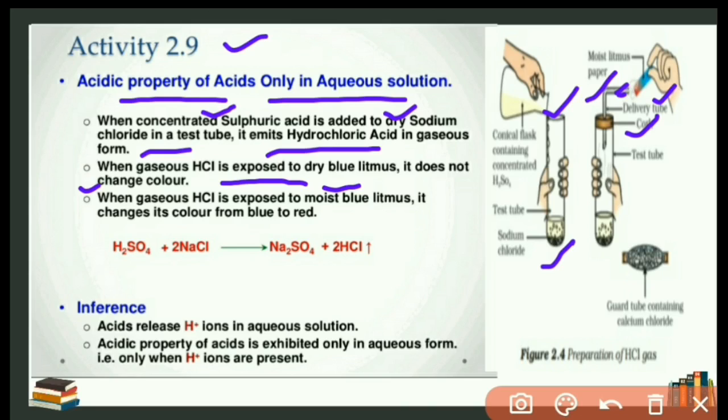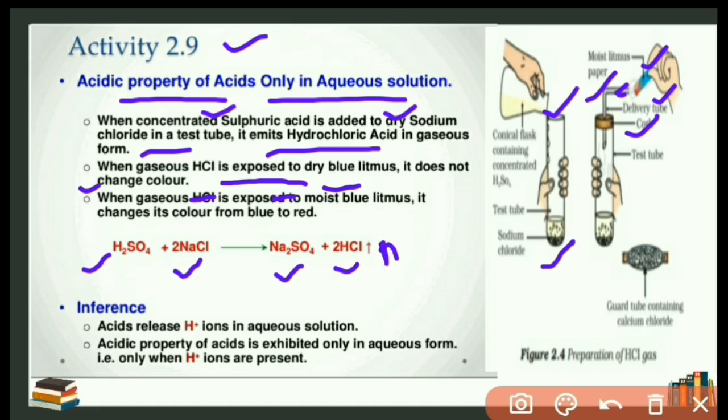But when gaseous hydrochloric acid is exposed to moist blue litmus, it changes its color from blue to red. This chemical reaction we can write in the form of a chemical equation: sulfuric acid reacts with sodium chloride, giving sodium sulfate, and HCl gas evolves.